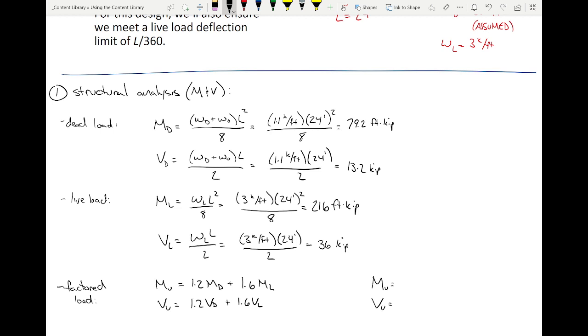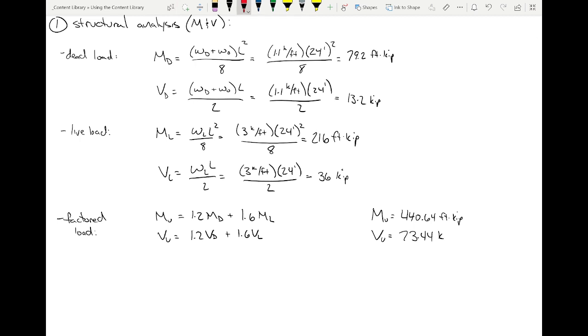Anybody got an Mu value for me? 40.64. And shear. 93.44. Boom. Not too bad.